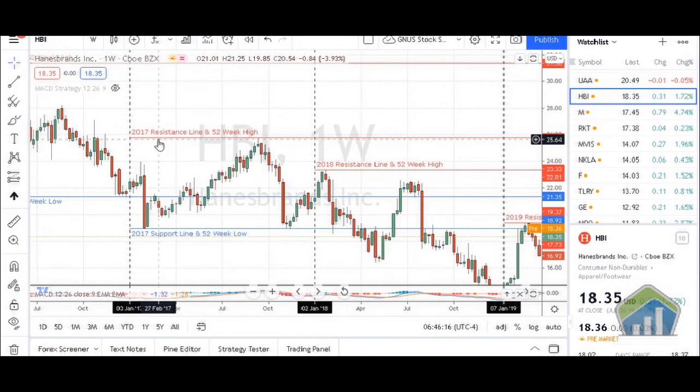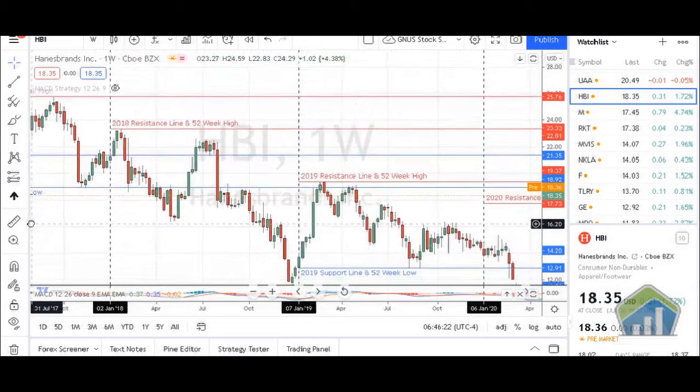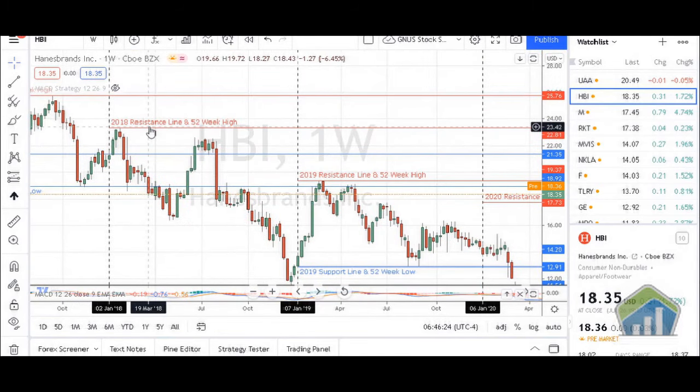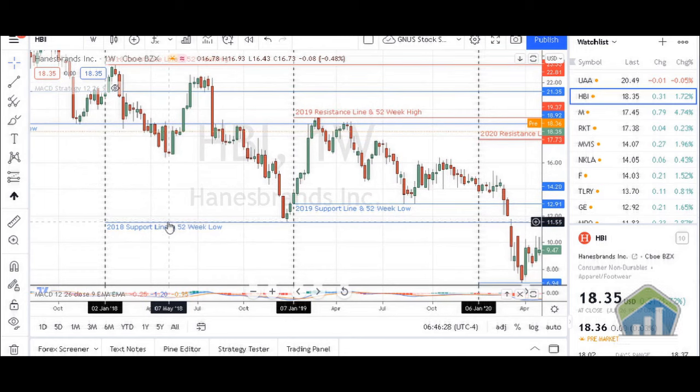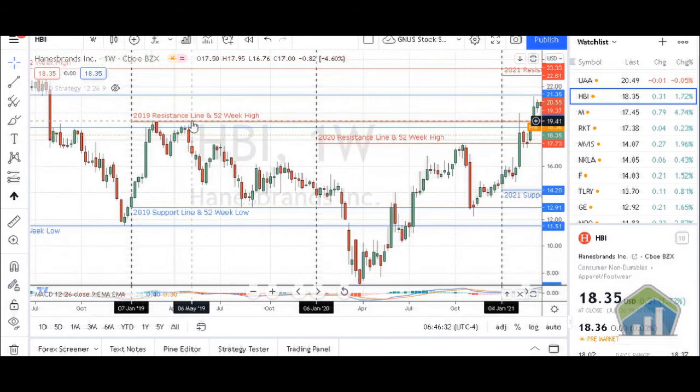Going into 2017, we had a high of 25.76 and a low of about 18.92. We go over to 2018, we had a high of about 23.33 and a low of about 11.51. Going into 2019, we had a high of about 19.37 and a low of about $12.91.